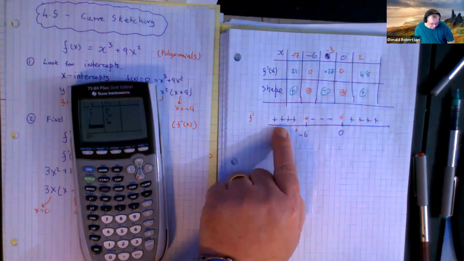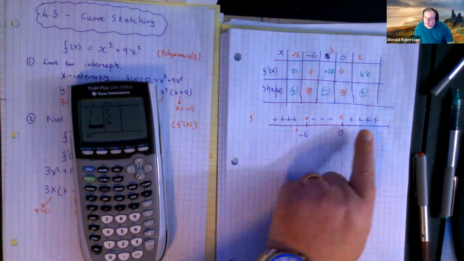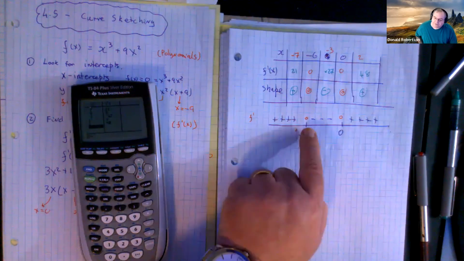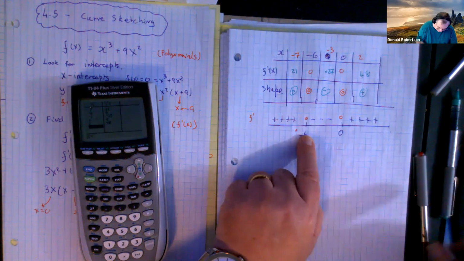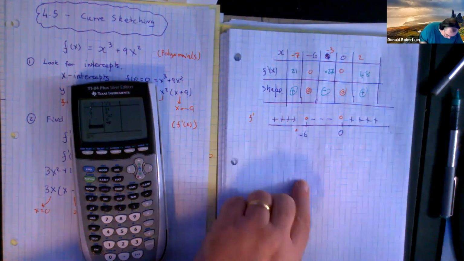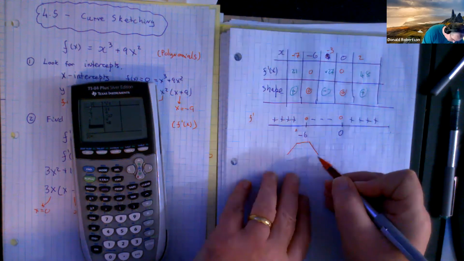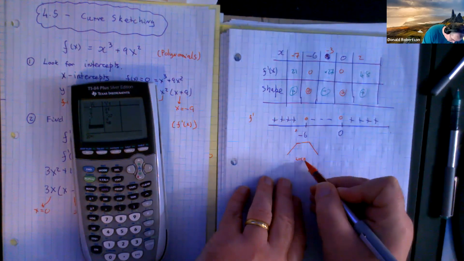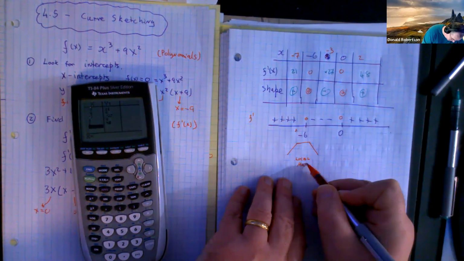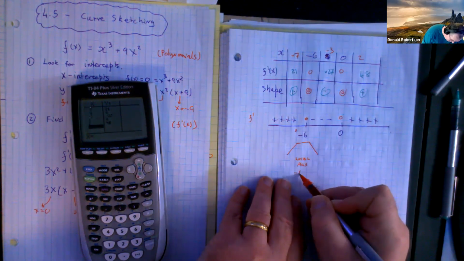Can you see increasing, decreasing, increasing? Can you see those? If you look at the two critical numbers, that's the only place that max and mins are going to live. In this case, it's positive, 0, negative. So that would be a local maximum. And that's going to happen at x equals -6.